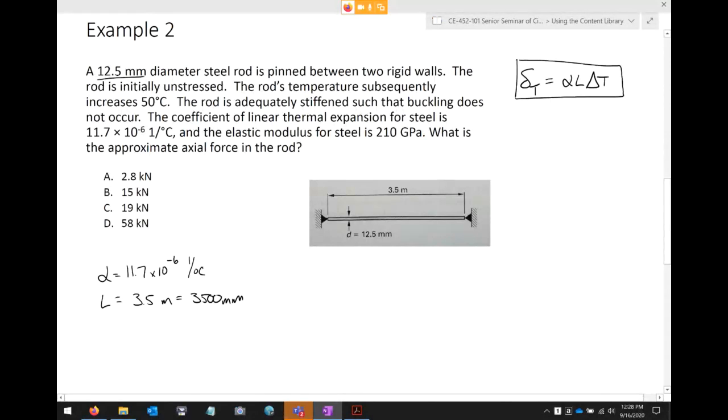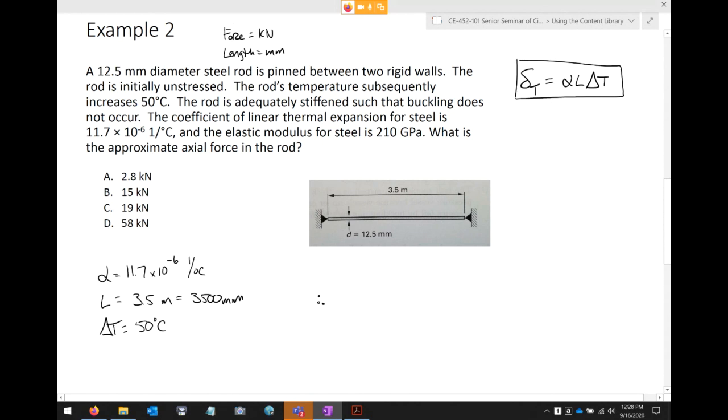If I calculate a displacement, I probably want it in millimeters. Kilonewtons over millimeters squared is gigapascals. So maybe I should have been more formal, and said force is kilonewtons and length is millimeters, just to be formal. All right, my change in temperature is 50 degrees Celsius. So therefore, let's just compute this delta L, and we'll see what it means.